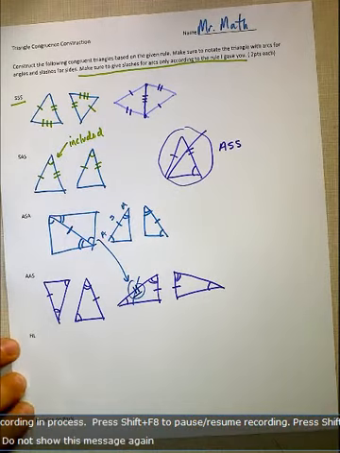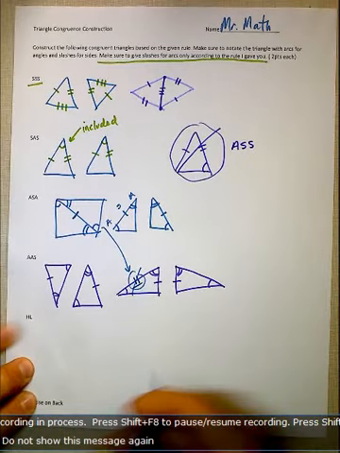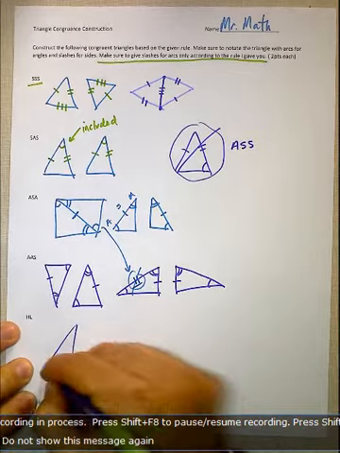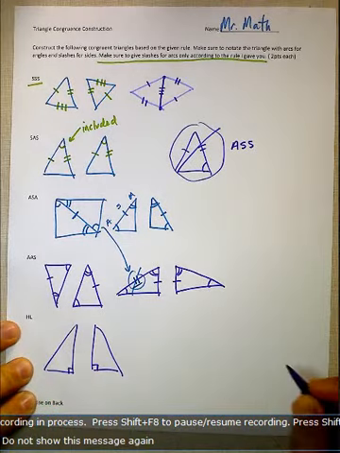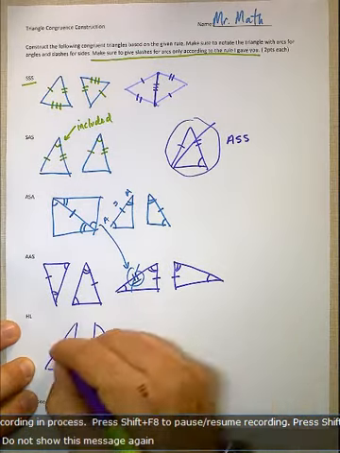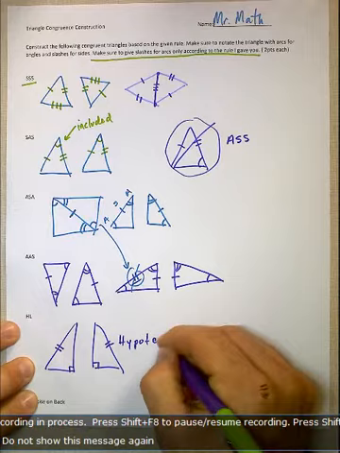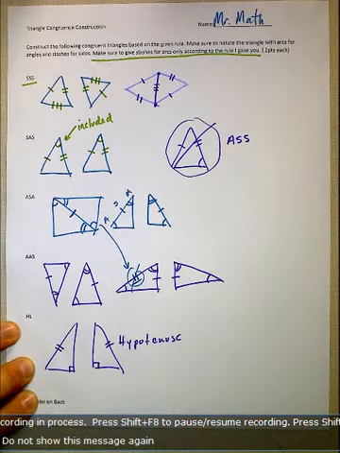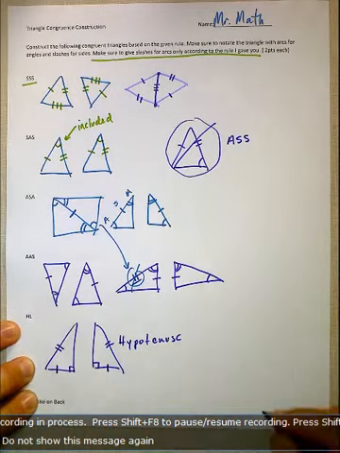The hypotenuse and the leg. What was important here, number one, was to have the right angle, making sure you had a congruent hypotenuse, which is here, and any one of the legs. So let's say you just pick this as the leg here. This is a really good answer.